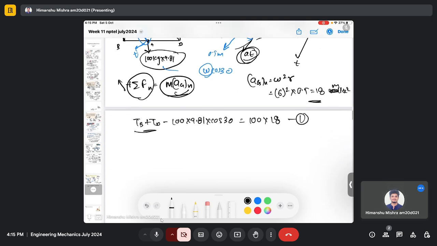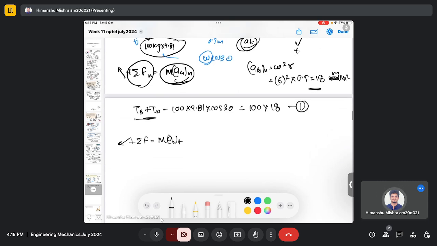Now let me define the summation of force in the tangential direction. This is the tangential direction. F equals ma, so the summation of force in t is equal to mass times acceleration in the tangential direction. And in the tangential direction I have a force due to weight.